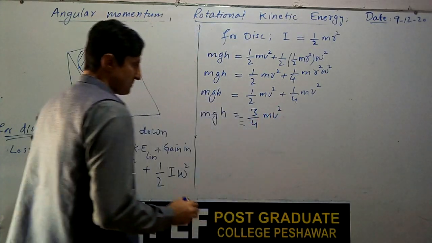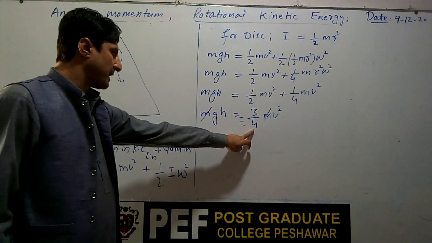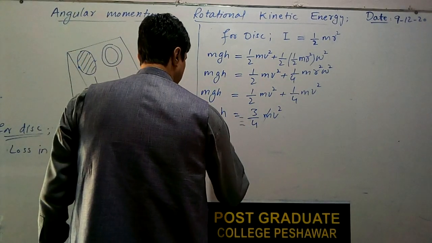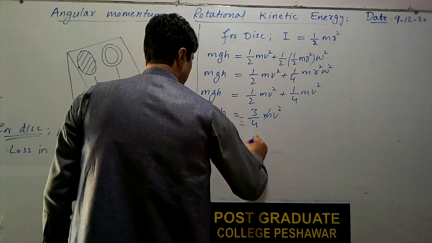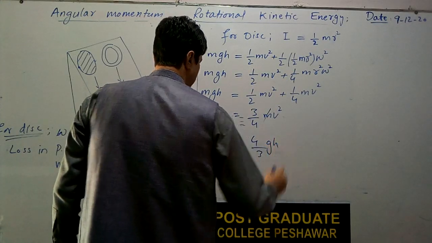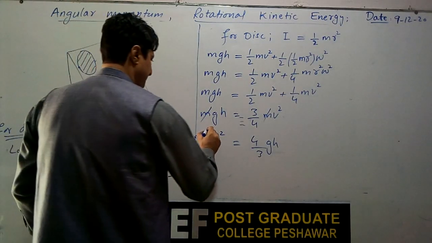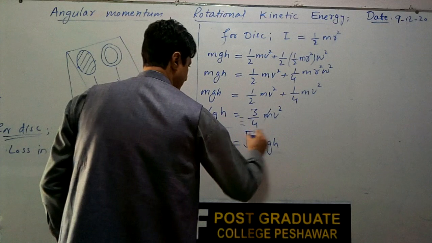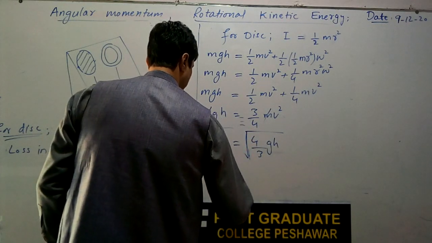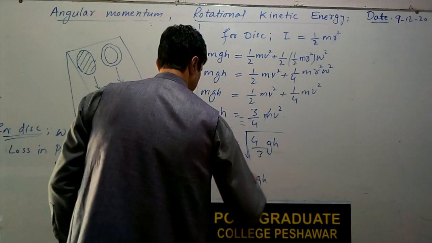We will cancel this m from both sides and cross multiply this 3 divided by 4. We get v square equal to 4 divided by 3 gh. Now taking root both sides, we will get v equal to square root of 4 divided by 3 gh.